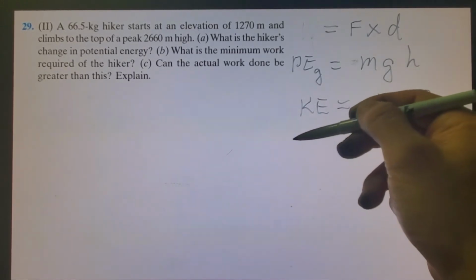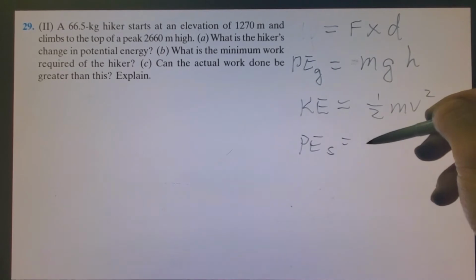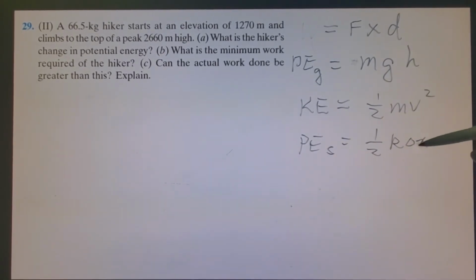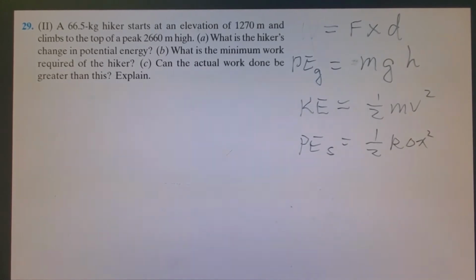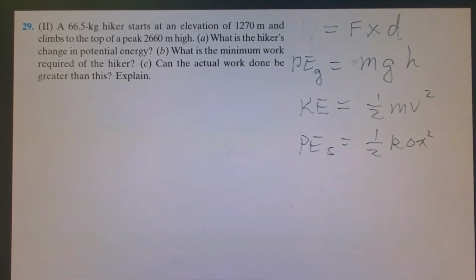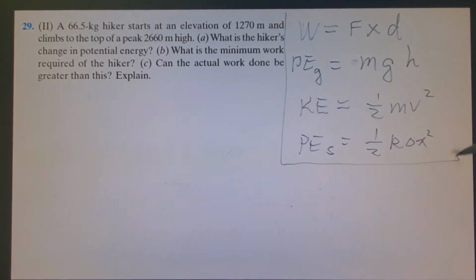And we also talked about potential energy of a spring, that is equal to half times k times delta x squared, where k is the spring constant. This is just a review of going over the important formulas for this chapter so far. You should have written this somewhere in your notebook.